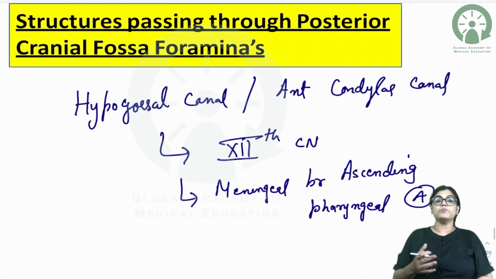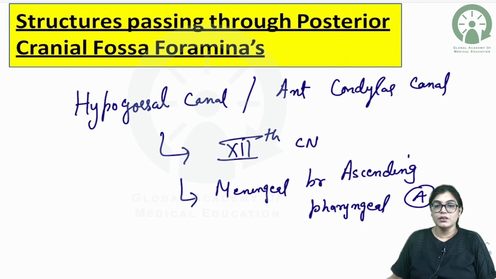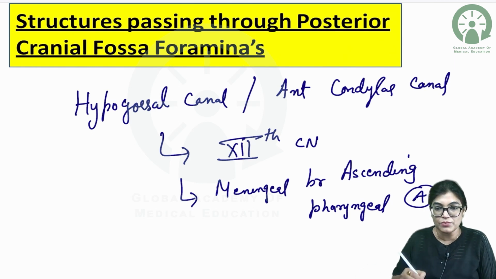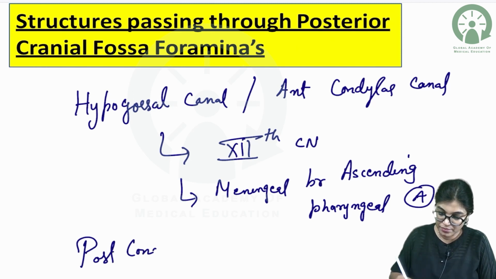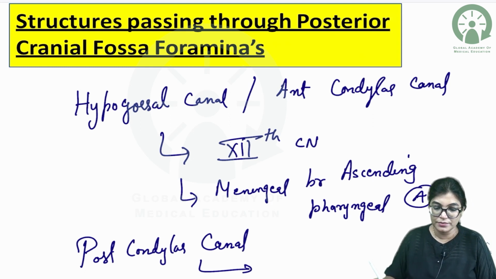Sometimes there is also a posterior condylar canal, and the structure traversing through the posterior condylar canal is the emissary vein.